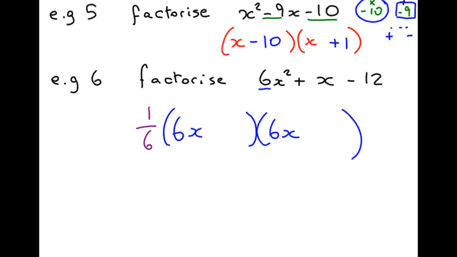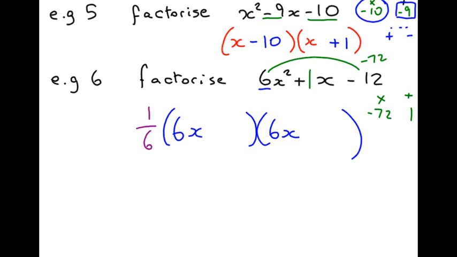Now, we're looking for numbers in my method that multiply to make 6 times minus 12, which gives us minus 72. So we've got to multiply to minus 72. We've got to add to this number in front of the x, which is an invisible 1. So effectively, 2 numbers with a difference of 1. One's plus, one's minus, because they multiply to make a negative.